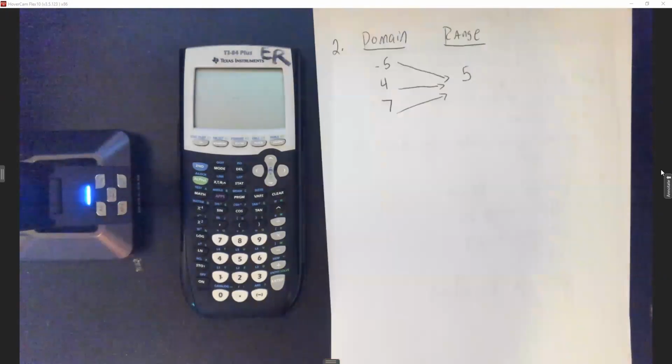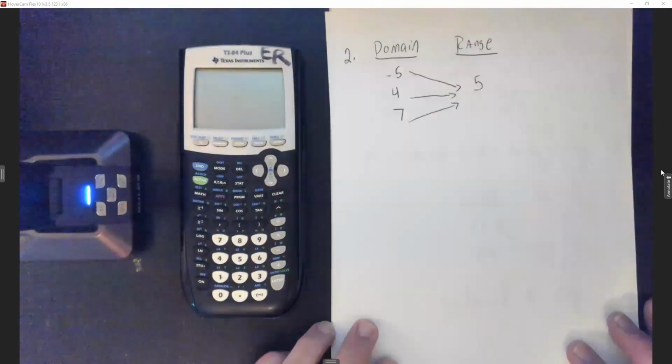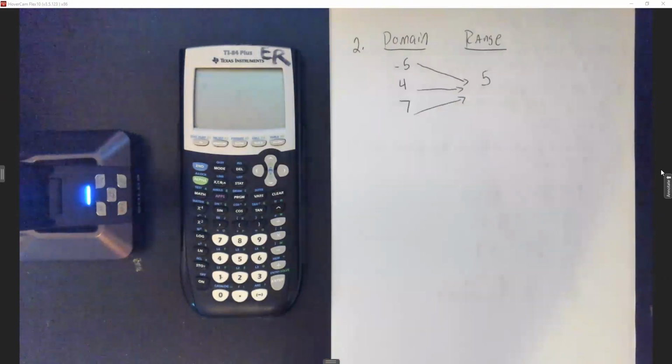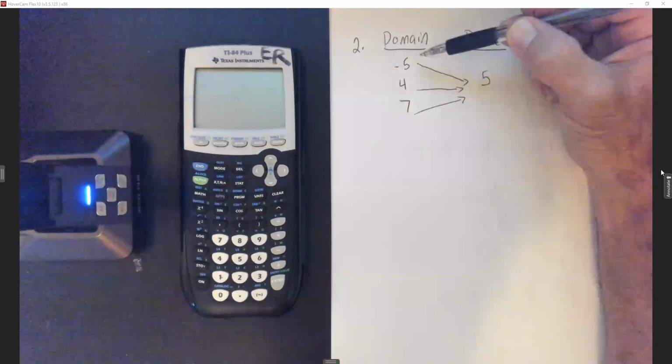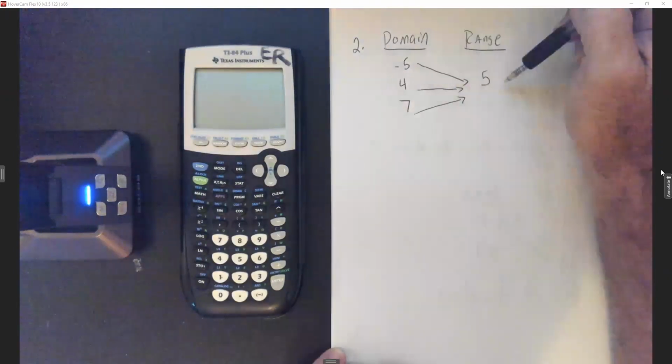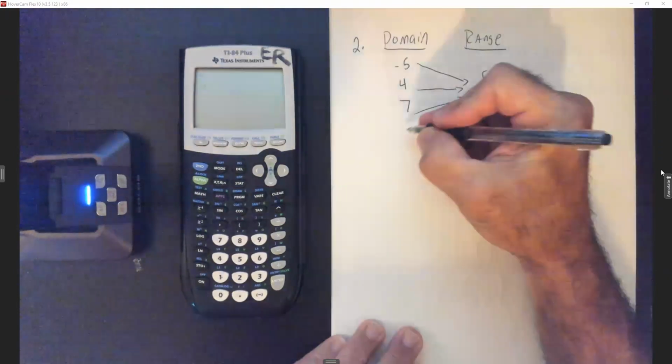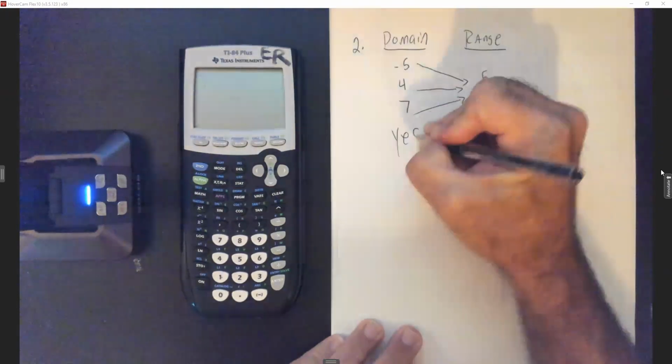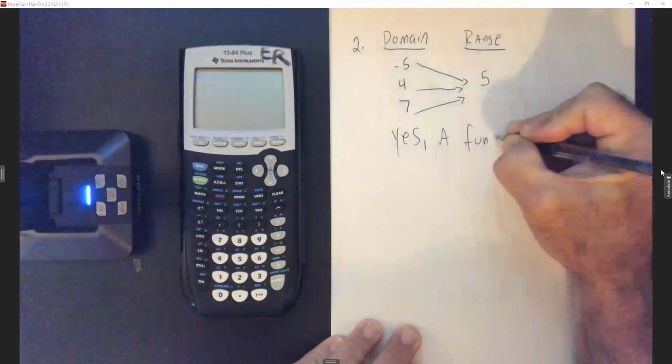So the question, is that a function? And once again, if you notice, all these, definitely yes, right? Because all these domains just point to one range. So you're good on that. That is definitely, yes, a function.